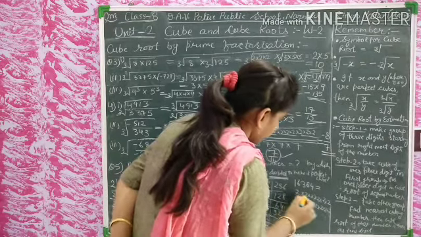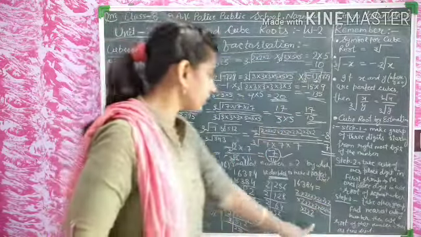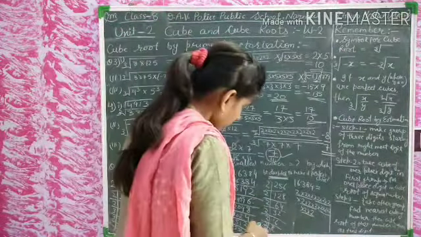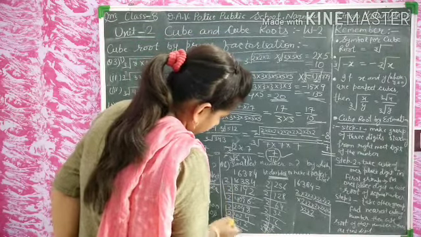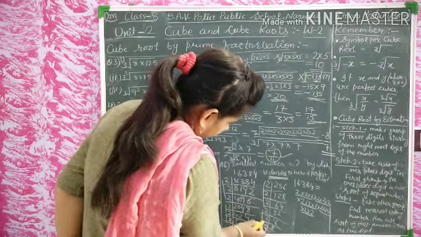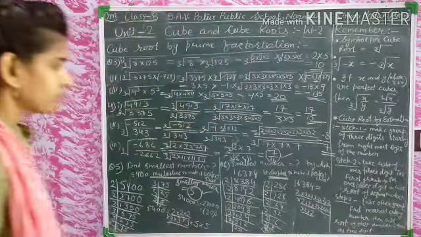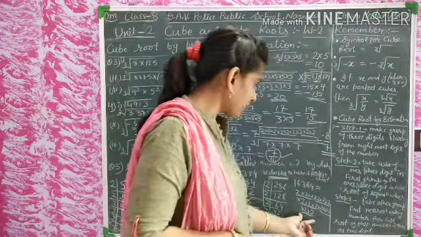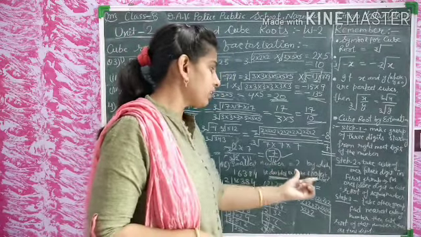These are the triplets here. 3 triplets are there, but the remaining are required here. So students, there are two 2's left over, and this is the number by which we divide to make it a perfect cube.